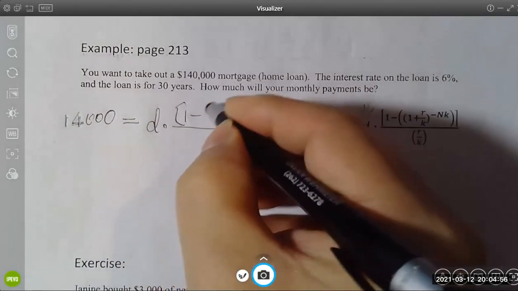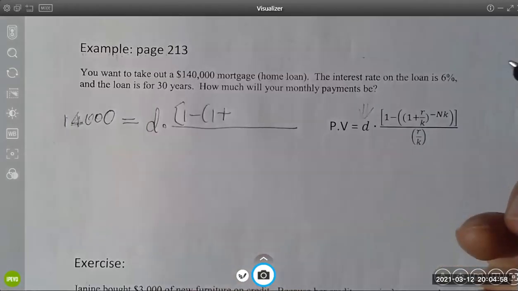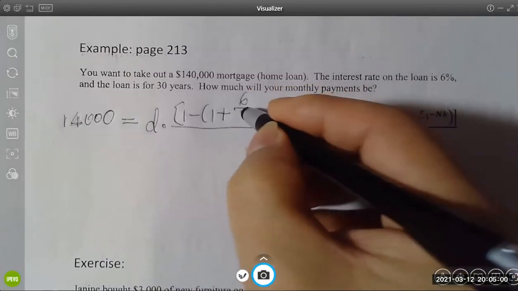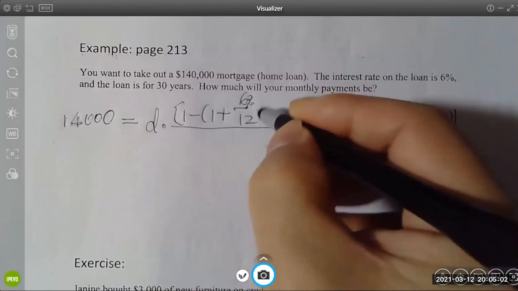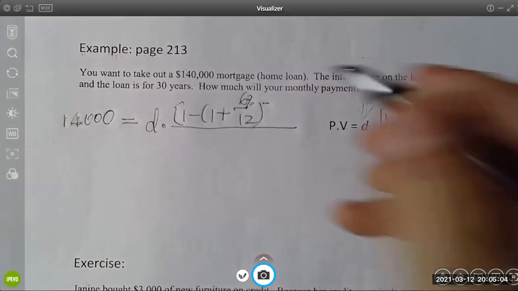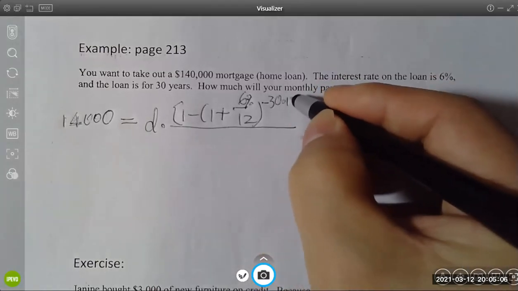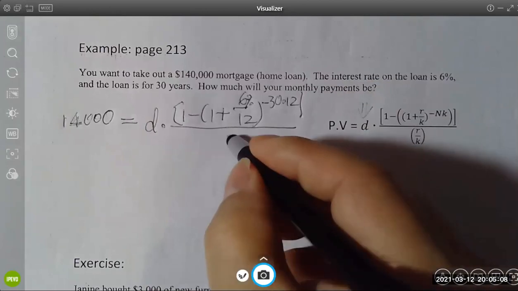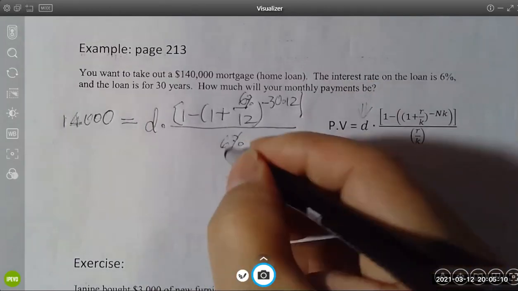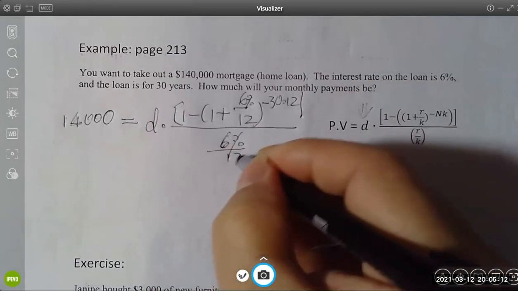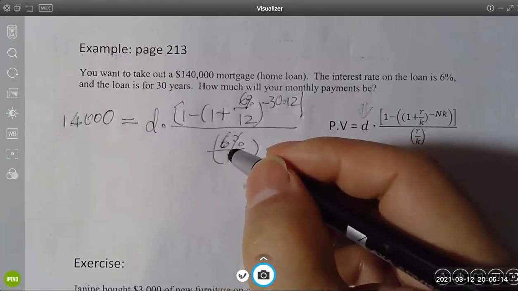1 minus parentheses, 1 plus the interest rate, 6% over 12 monthly, to the power of negative 30 years times 12. Let's reduce it a little bit.